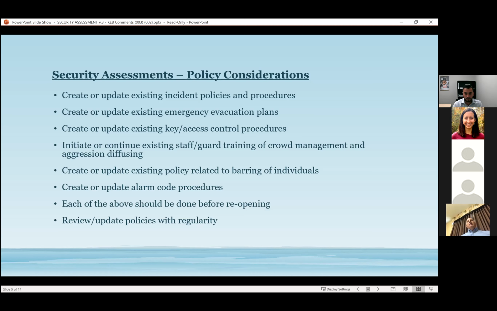The cleaning staff can't come in there and take a peek at all these records. So we need to make sure we come up with good key control and access control policies and or procedures, and then come up with SOPs, or standing operating procedures, for how we're going to implement that throughout the day to keep everything super safe.